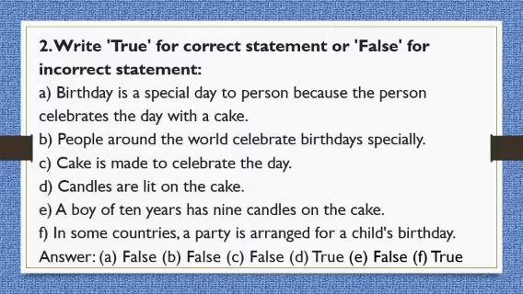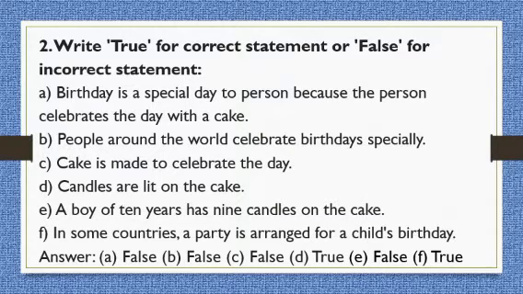You can see in the passage that people around the world celebrate birthdays in different ways. The information is exactly like that in the passage, but the statement is saying that people around the world celebrate birthdays specially. This is not exactly matching. That's why the statement will be false.